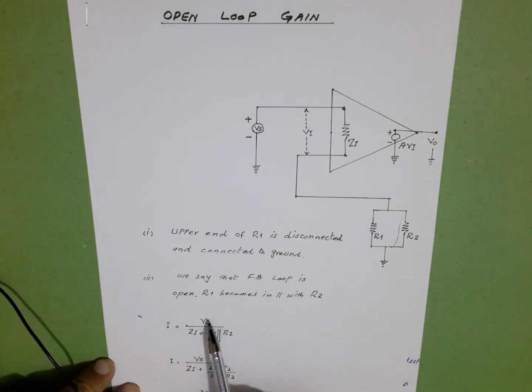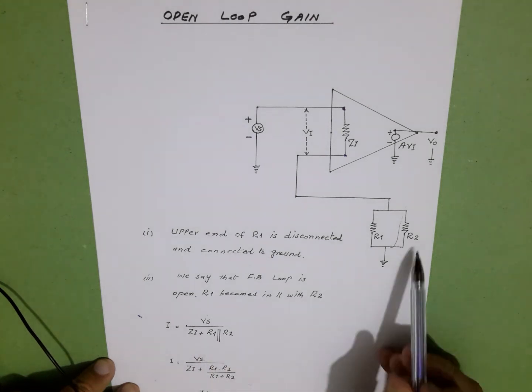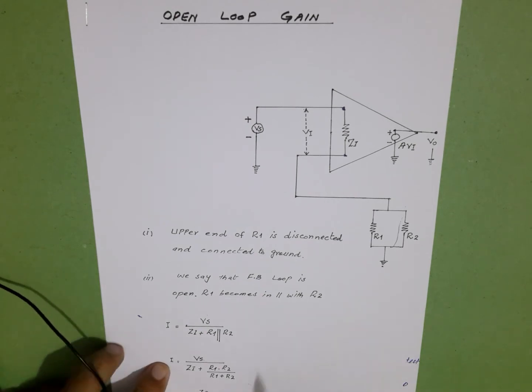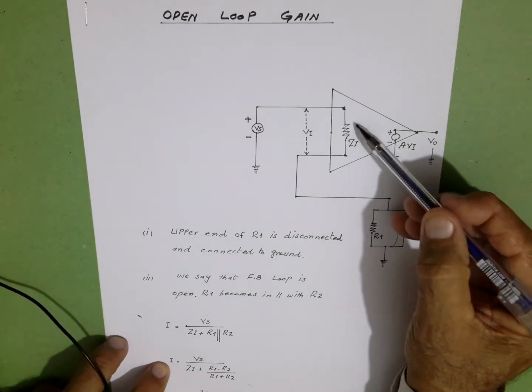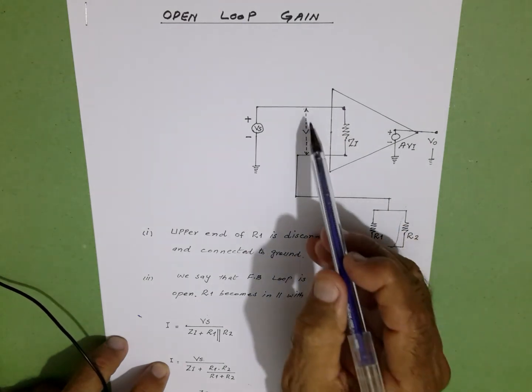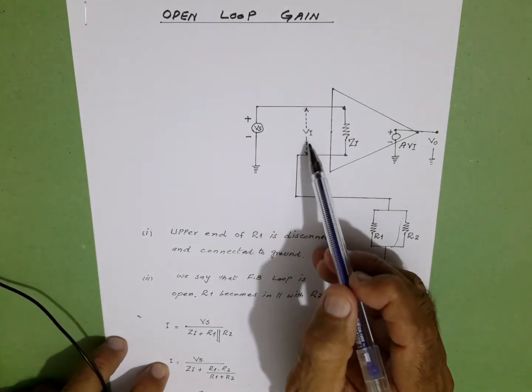I is calculated as the source voltage divided by Zi plus R1 and R2 in parallel. This can be written as I is equal to Vs over Zi plus R1 into R2 over R1 plus R2. This is the product formula for parallel resistances, and this is the value of current. When we multiply it by the input impedance, it gives the voltage across Zi, which is our V input voltage.